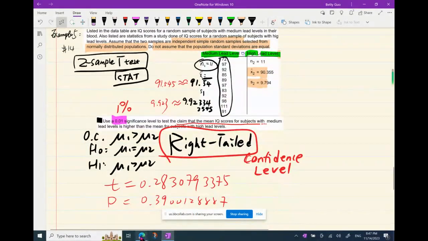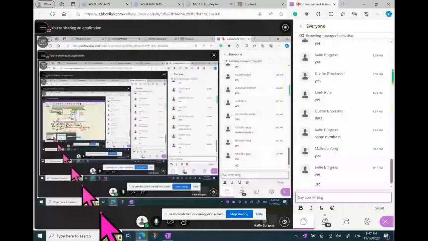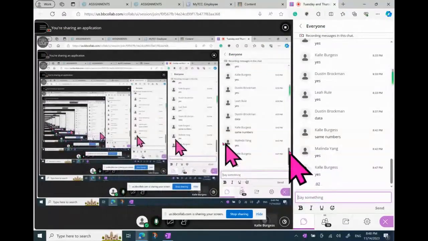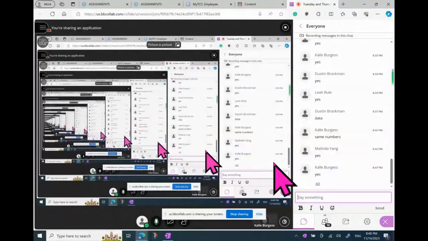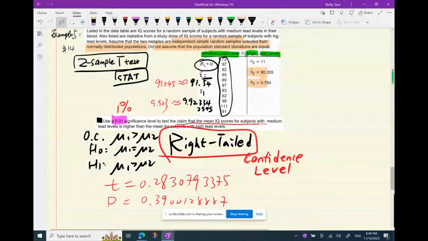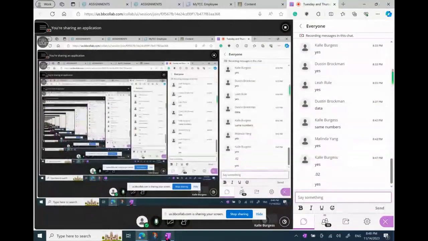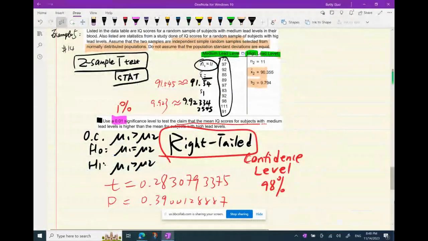So what's our confidence level supposed to be? Subtract that from 1, 98%, right, Kelly? I misspoke earlier. 98%, right? Yeah, so our confidence level should be 98%.